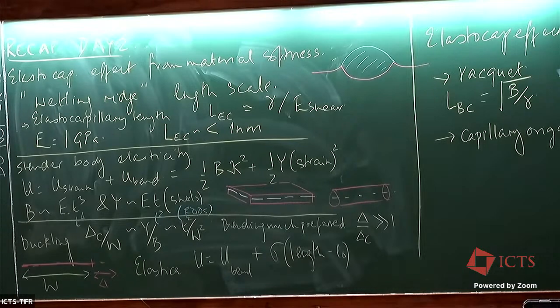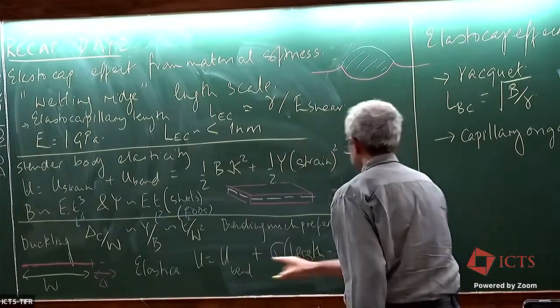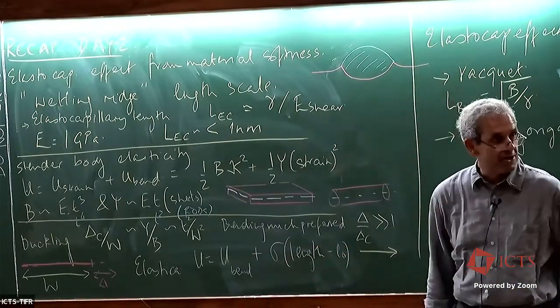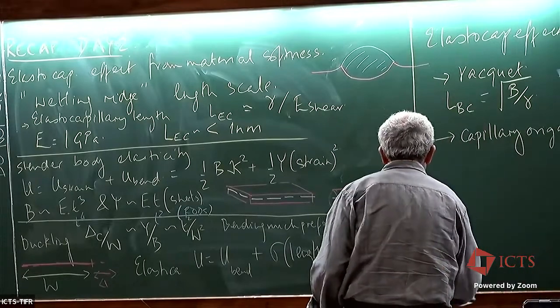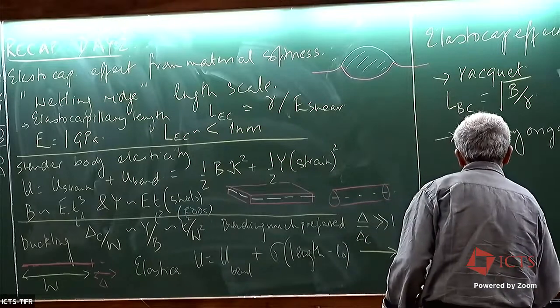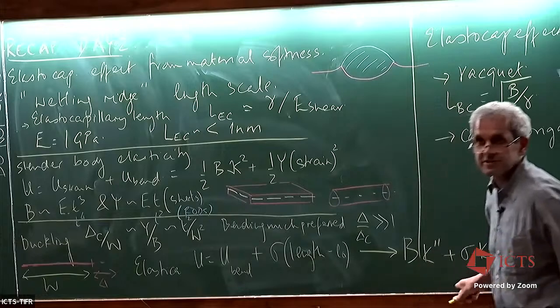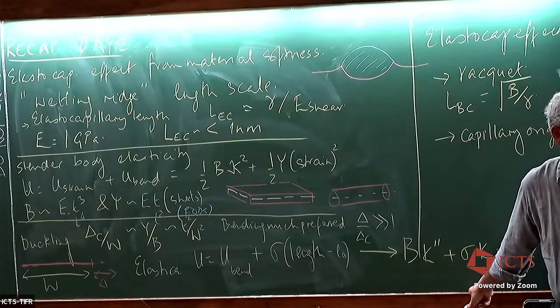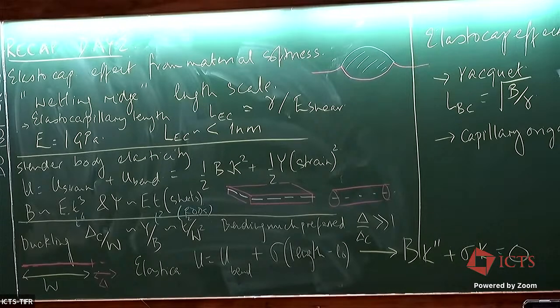Maybe it's useful to recall, we didn't do this in painful detail, but we sketched out how you go from this, at least in small slope, from this energy, to this Euler-Lagrange equation. Okay. All right.